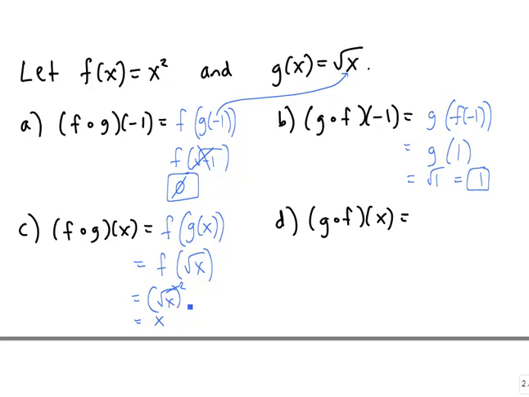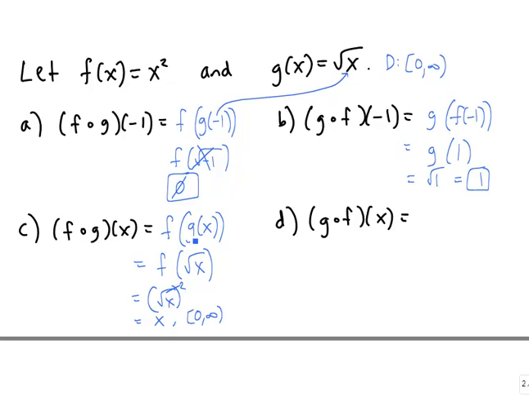And this is assuming, remember, that the x's that you're using are in g's domain. In other words, you have to make sure that whatever x you're using is going to be in the domain of g. And since g is the square root function, which has a domain of only positive numbers, this is only going to be true when we're using positive x's.